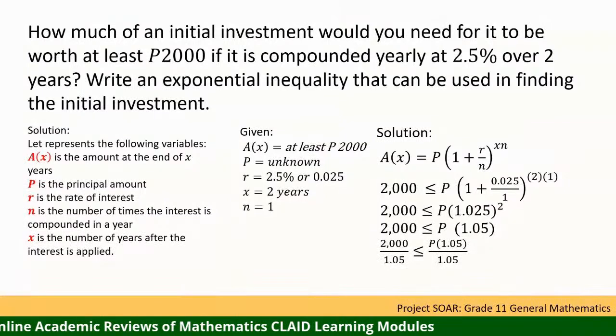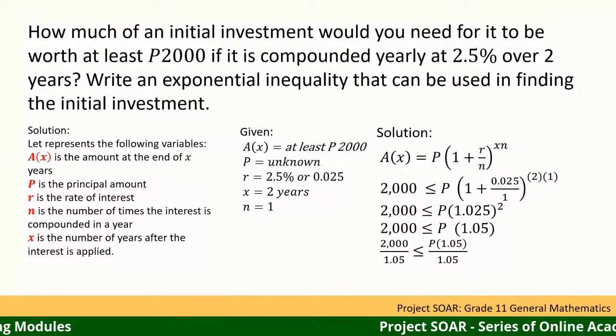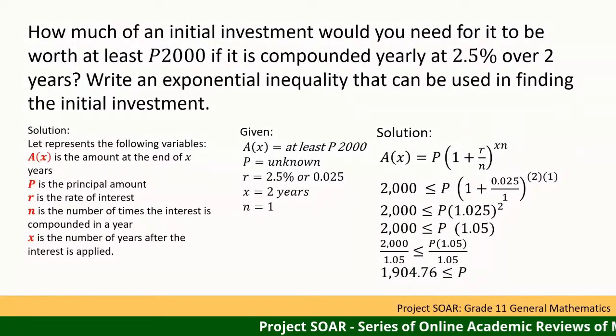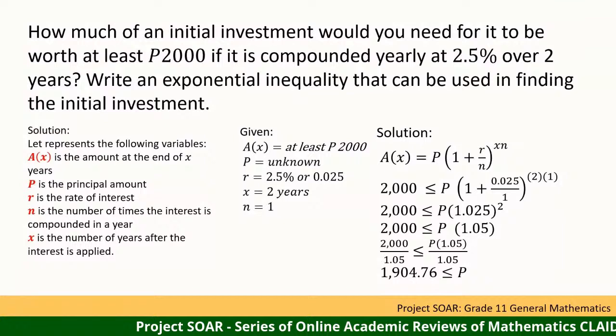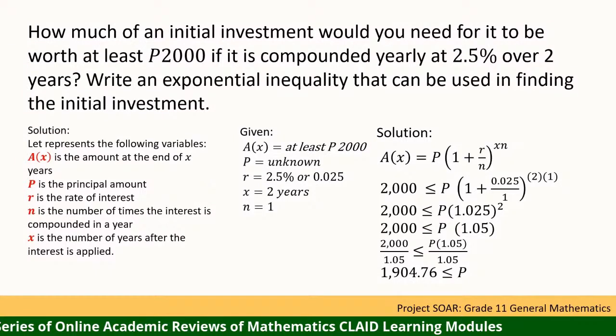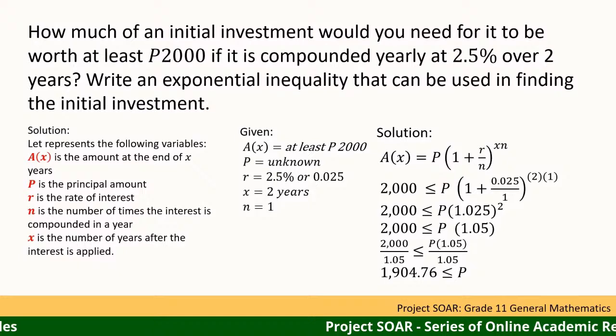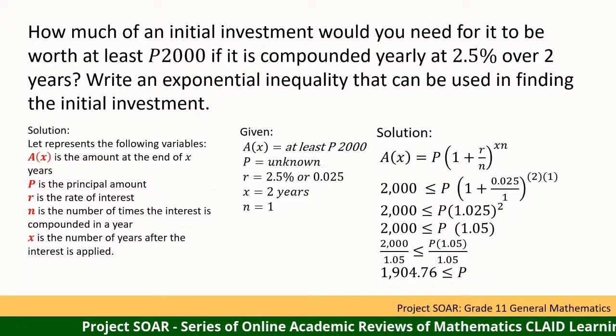So we have to divide 1.05 in both sides to get for the value of principal. So we have 1904.76 is less than or equal to principal. Okay, so that is how you solve for the inequalities, for the exponential inequality.